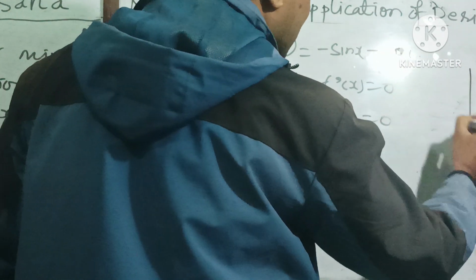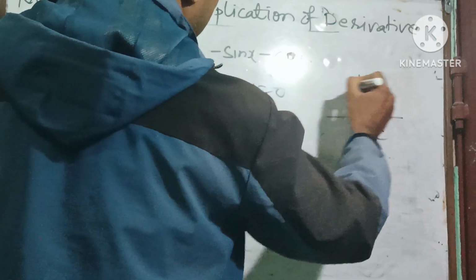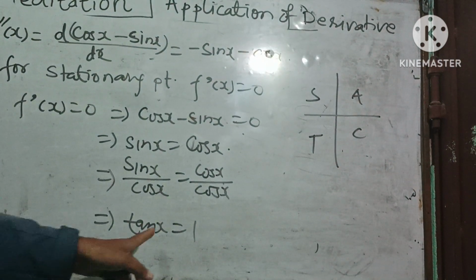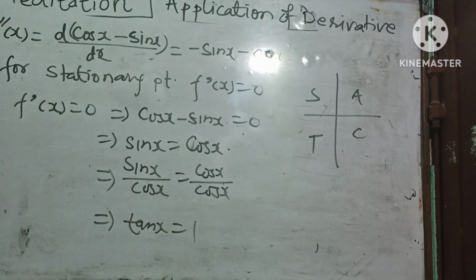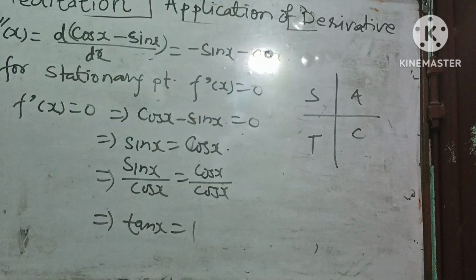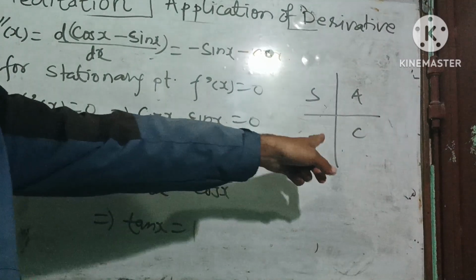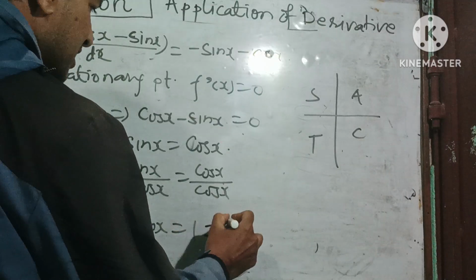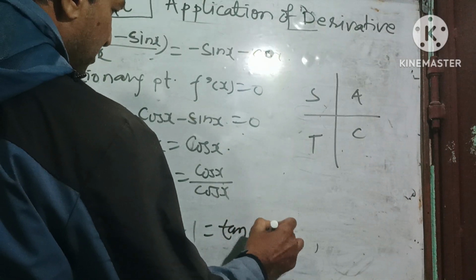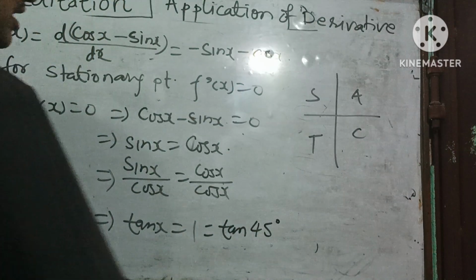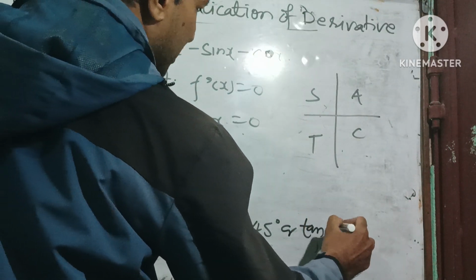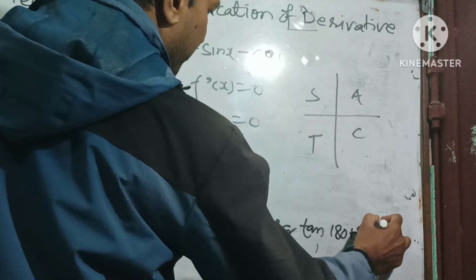So tan x is equal to 1, and let us find the simple value. What we know, the formula we know. So tan x is equal to 1 means how many degrees? tan 45 degrees is equal to 1, and tan 135 degrees is not possible. So the third quadrant: tan x is equal to 1, that means this is equal to tan 45 degrees, or tan of 180 plus 45.